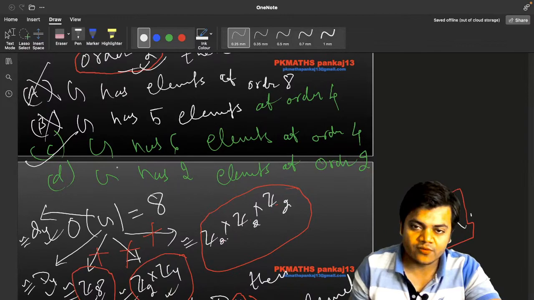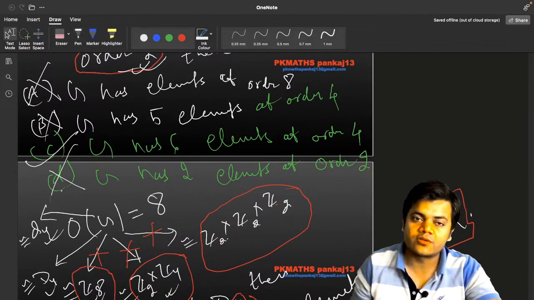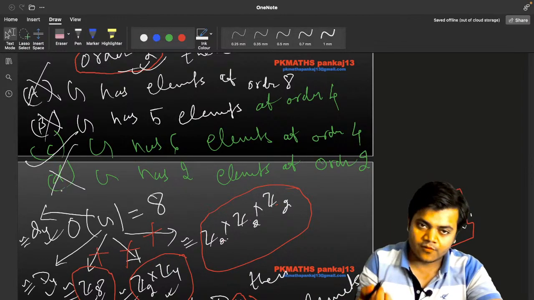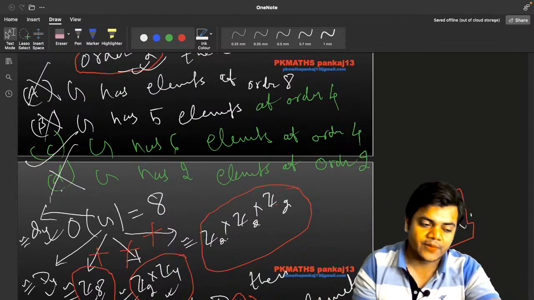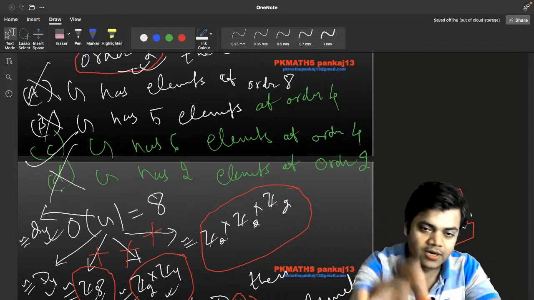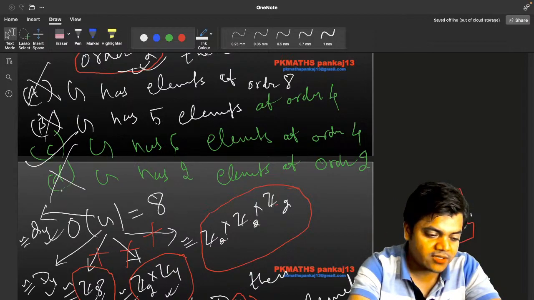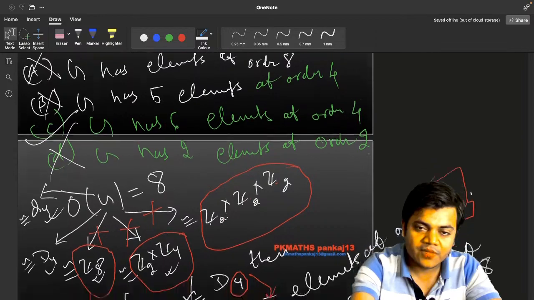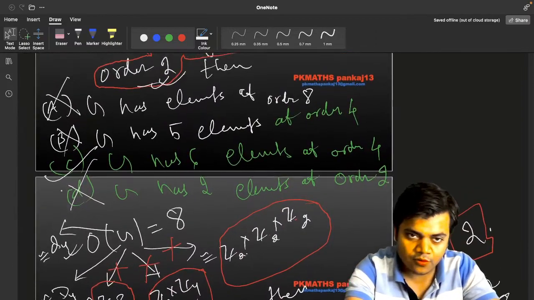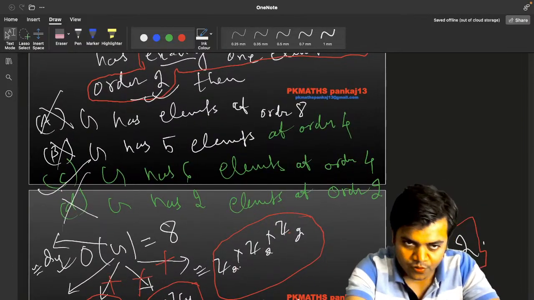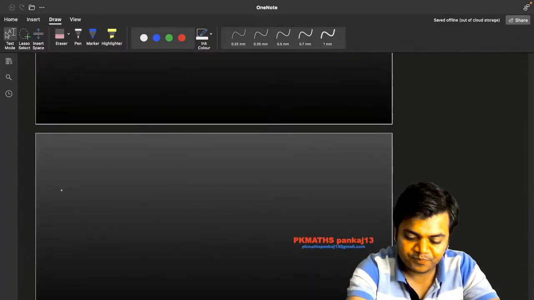G has 2 elements of order 2 is also wrong, because plus 1 will have order 1, minus 1 will have order 2, and the rest all 6 elements will have order 4. So we shall say Q4 was the group and G was isomorphic to Q4. Option C is the right answer.